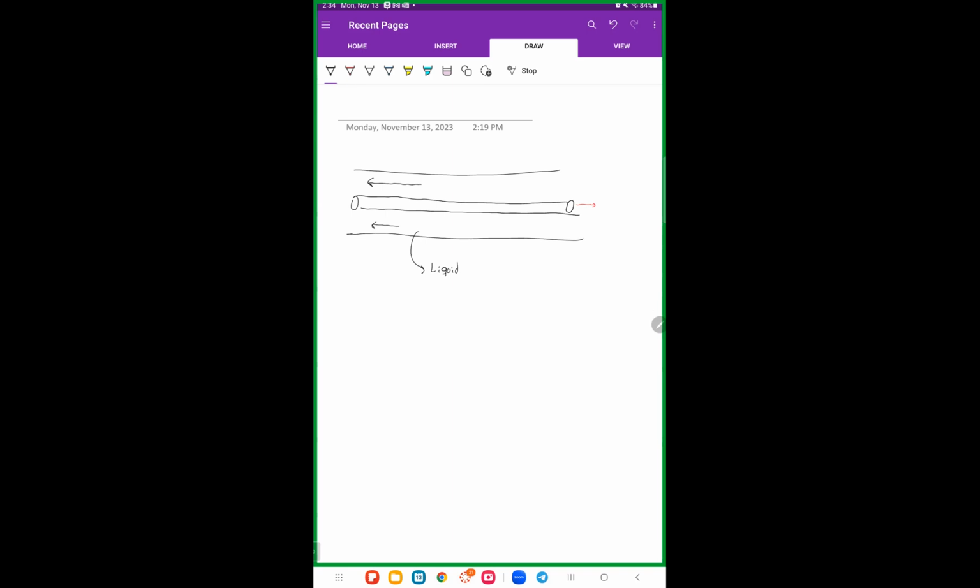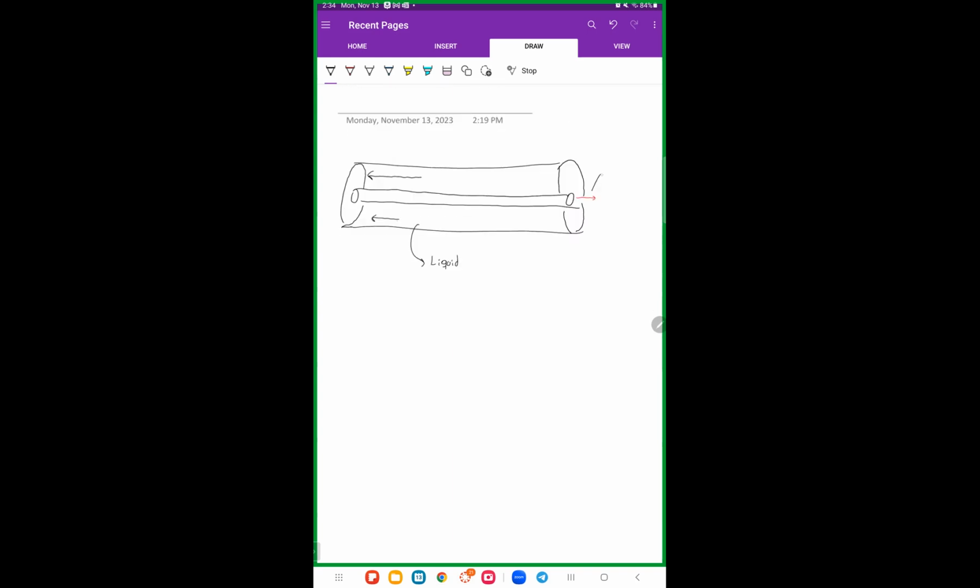Okay. So we have this cylinder with a cap. And I think I used Navier-Stokes for an incompressible fluid.